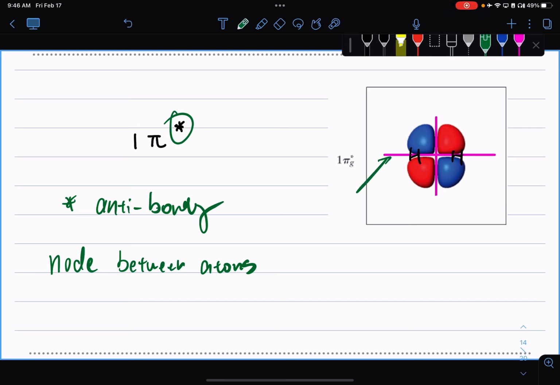Right, so this is a node. It's more or less equivalent to say there's an angular node that defines it is a pi atomic orbital. And this vertical node means there is a low electron density region in between your two hydrogens, and that makes it an anti-bonding. All right?